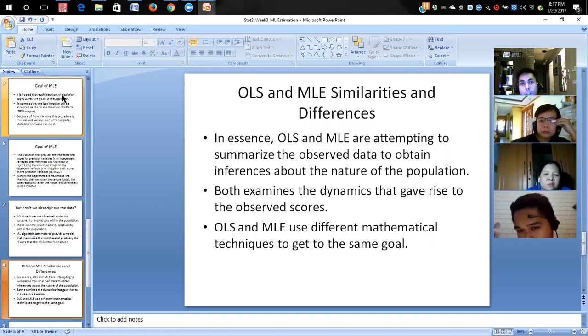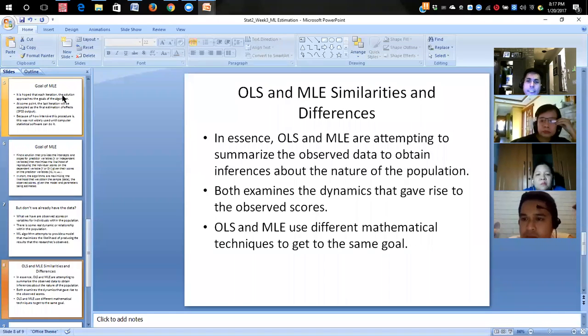To illustrate that, when we go to SPSS, I will show you the different potential relationships of the independent variable by trying to fit different lines.